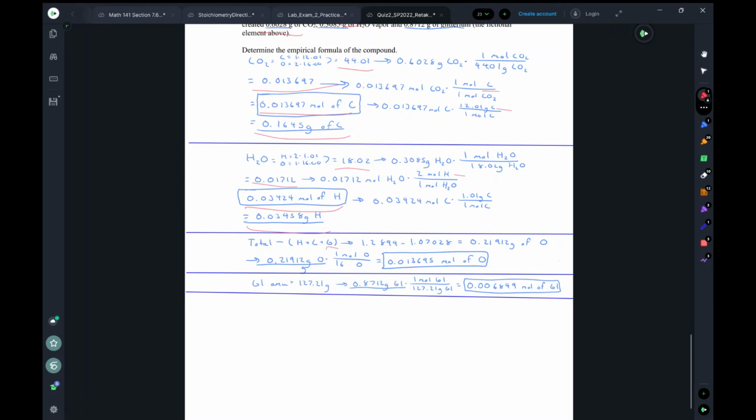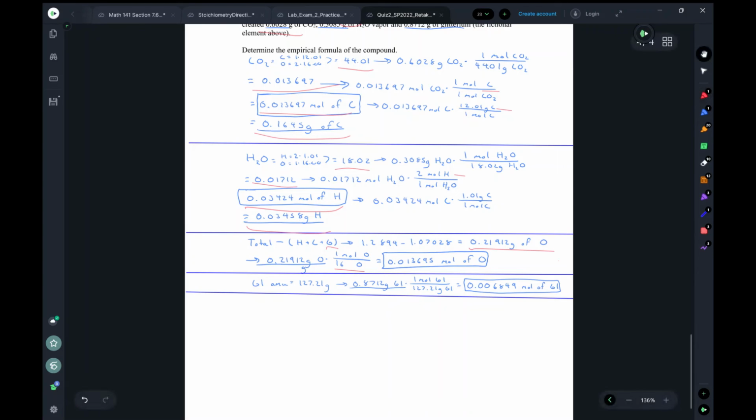Once we added all 3 elements of carbon, hydrogen, and glitterium, we subtracted that from the total and got an amount of 0.21912 grams of oxygen. And again, we just converted that into moles of oxygen by dividing it by the molar mass of oxygen.